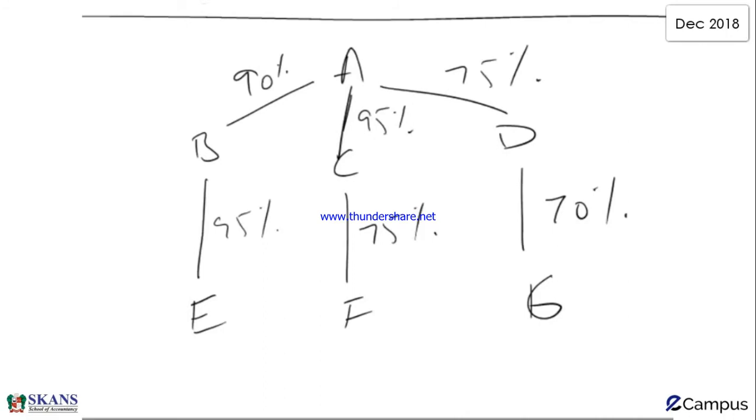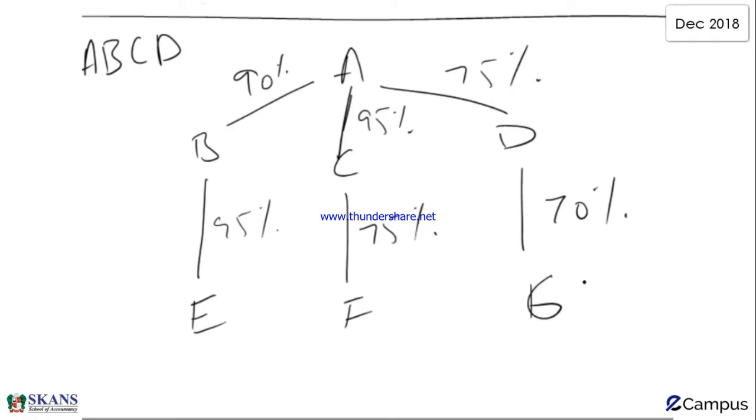Well, we are quite sure that A, B, C, and D are members because yes, they are direct subsidiaries and they are 75% or more.